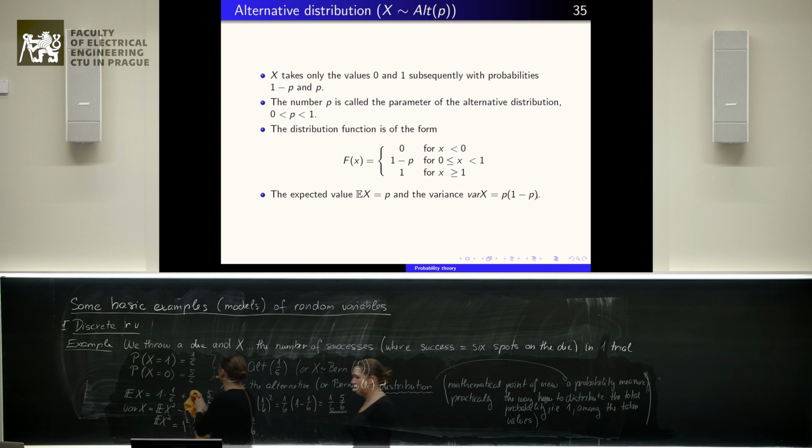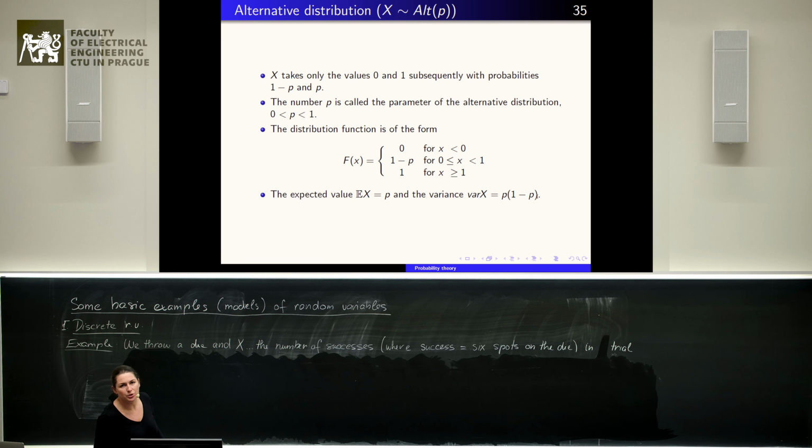So now consider a situation that we threw a die, but not only once, but more times. Let's say 4 times. So 4 times we threw the die. And again, x denotes the number of successes.